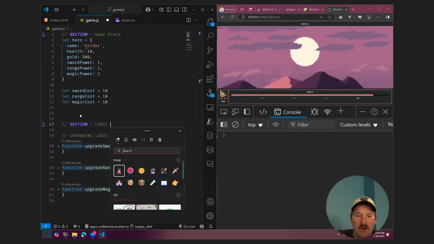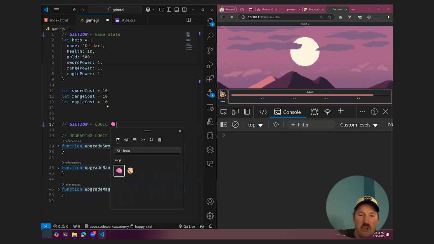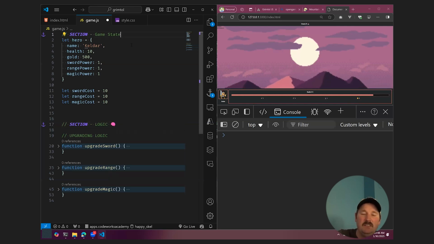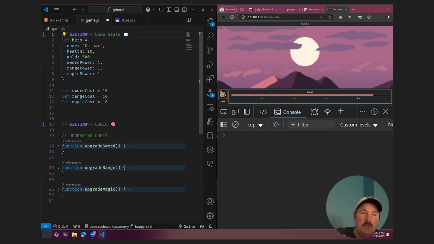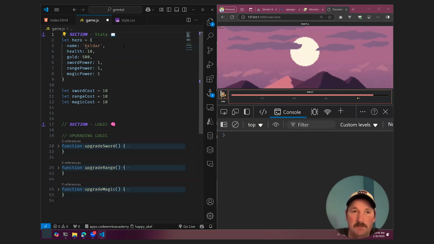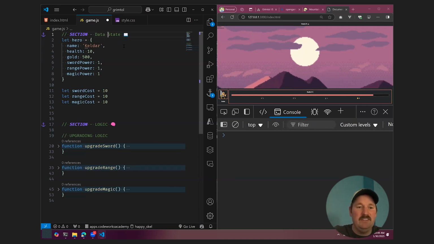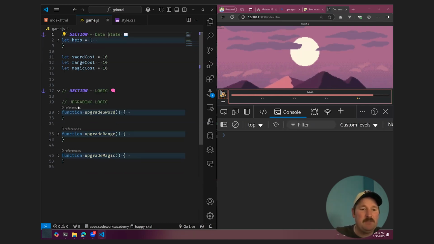So I use like a brain emoji here. Logic, game state. Let's think of a fancy emoji for this. This is like a book. It's just stuff that's written down because you need to store it somewhere. So it just needs to be written down so it can be referenced in your logic. And when we're not building games, we just call this state. It's just the state of the data. So if anything, we call it your data state. I think that's pretty nice. We got our data logic.